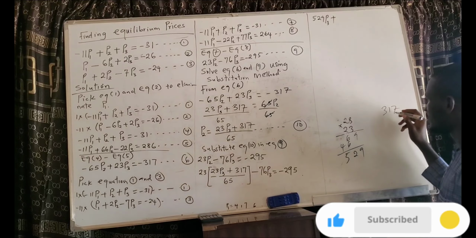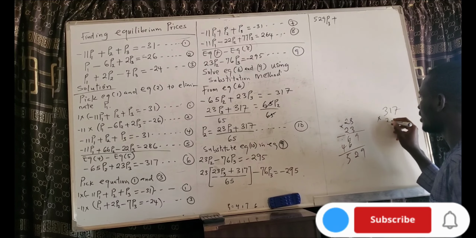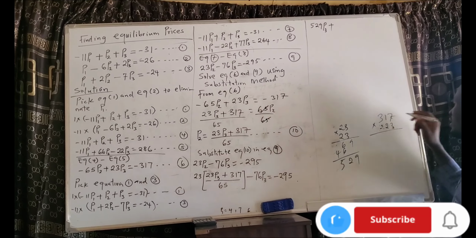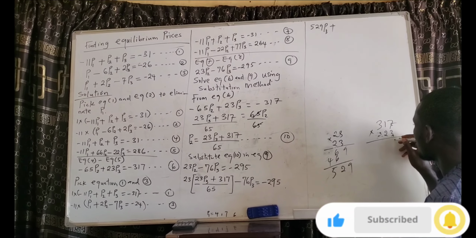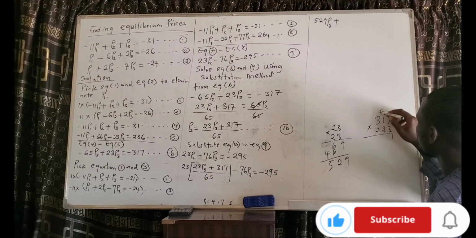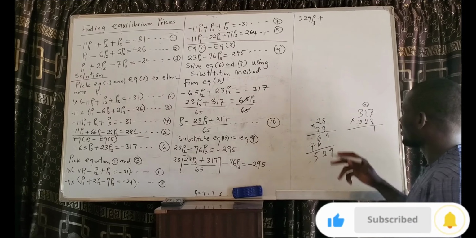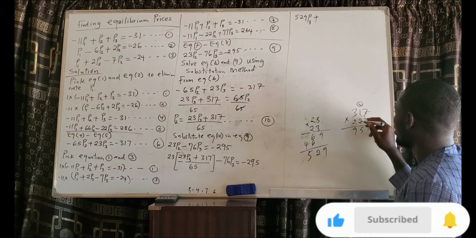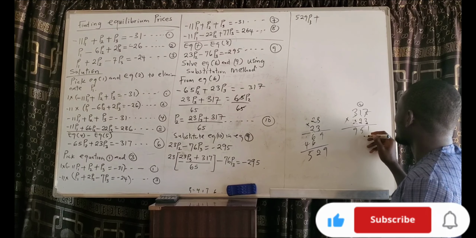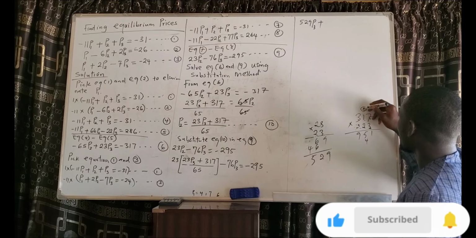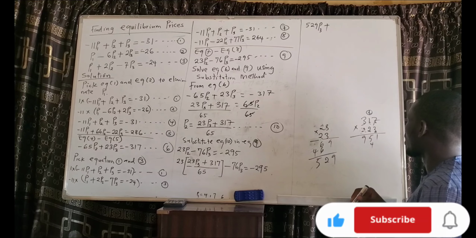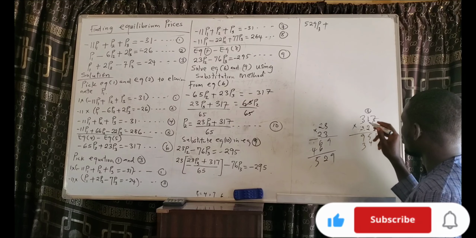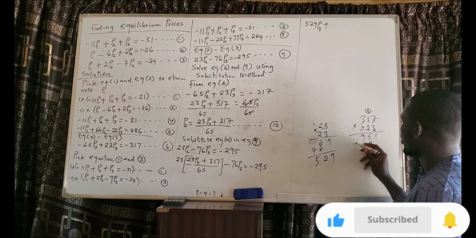Then plus 317 times 23. 3 times 7 is 21. Write 1, carry 2. 3 times 1 is 3, plus 2, we have 5. 3 times 3 there is 9. 2 times 7 is 14, write 4, carry 1. 2 times 1 is 2, plus 1, you have 3. 2 times 3 will give us 6.